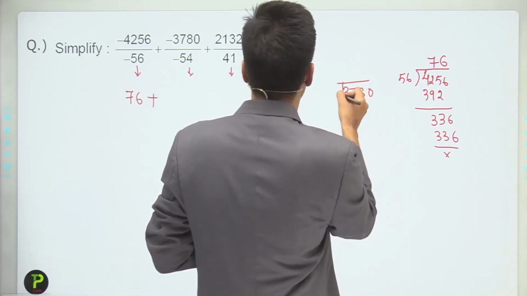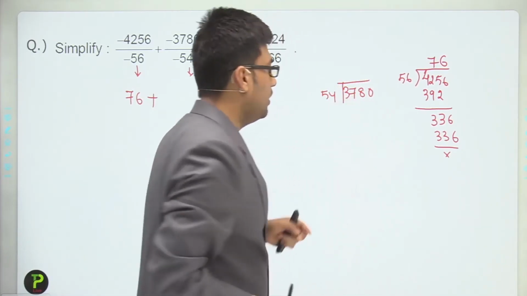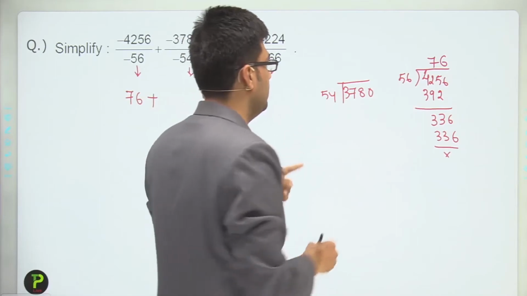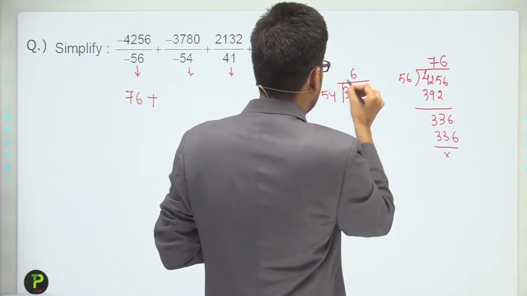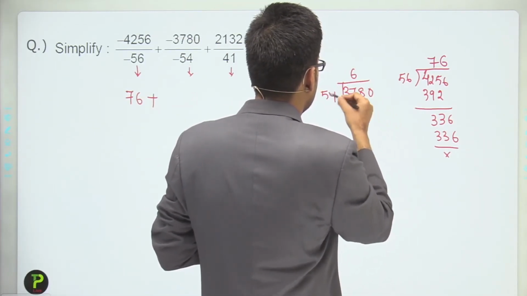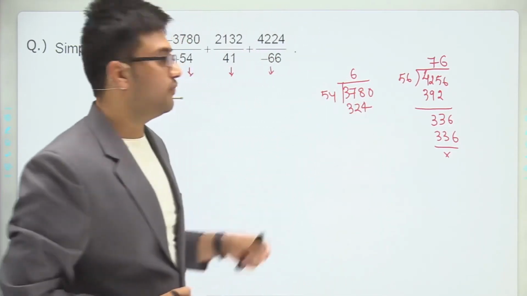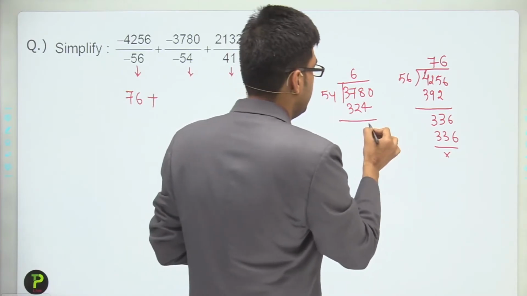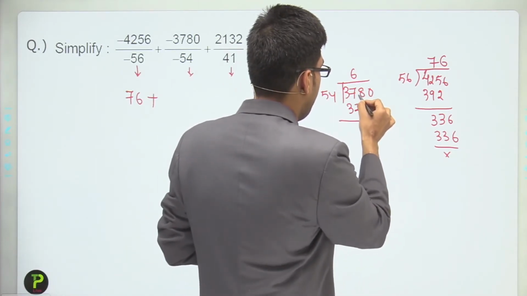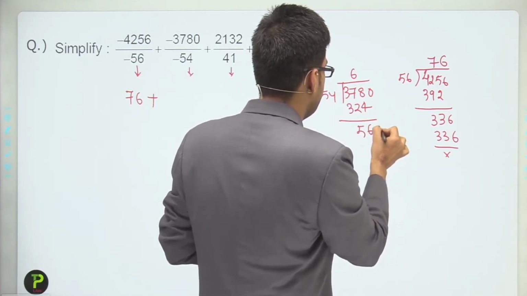3780 divided by 54. So students, we can divide it 6 times. So it is 324. So this is 6 and 560.